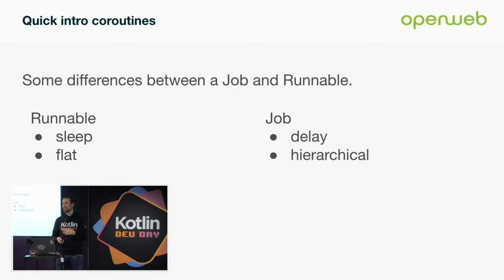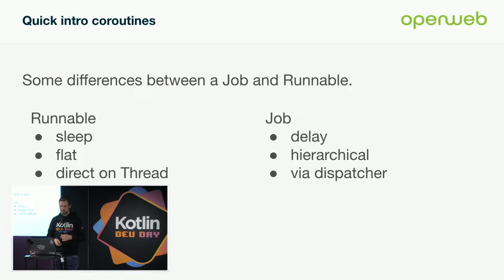Error handling is also a lot nicer than with Java, because there you have to build some things around it. Also with Java, you're working directly on the thread, so that's causing some of those problems. With coroutines, you're working via a dispatcher that can help you with some of those things. So it can do the delay, and then put something else on the thread again.